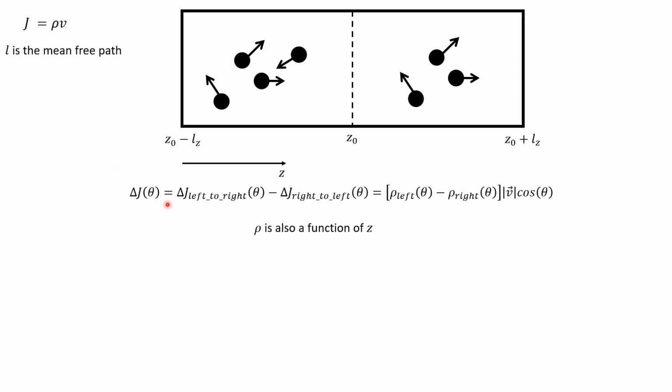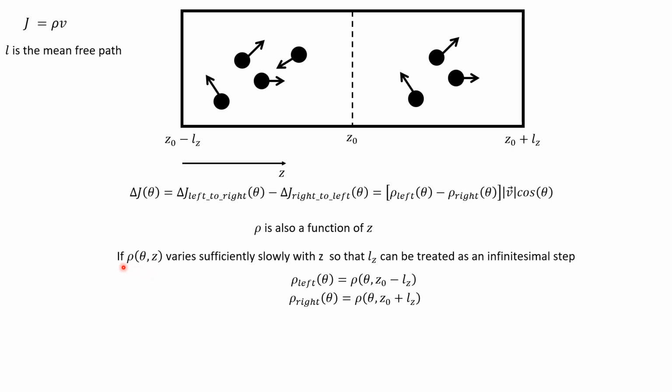Now recall that since we are considering that the concentration in both boxes are different and we set a horizontal axis here, that means that the concentration is also a function of space, of z. Now typically the concentration will vary slowly with space, with z. And when we use the word slowly, it's with respect to the mean free path.